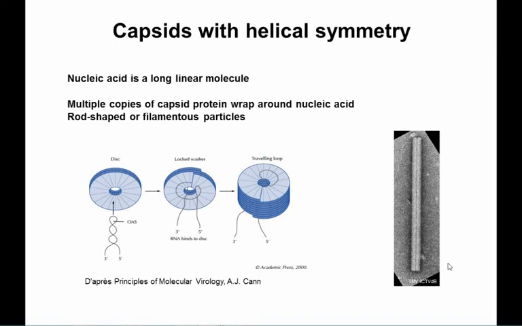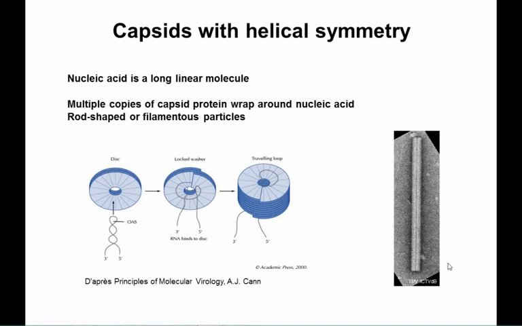It's got to be replicated by some kind of enzyme. So it's got to be free inside the infected cell. But outside the infected cell, an RNA molecule or DNA molecule on its own is not going to last very long. In your blood, you've got plenty of DNase 1, you've got plenty of RNases. Any free nucleic acid is going to be eaten up. So the basic function of a capsid protein is to protect the virus nucleic acid.